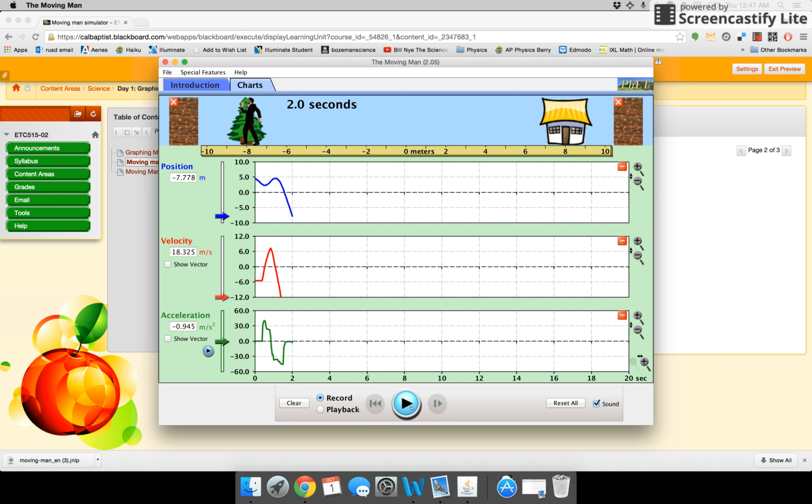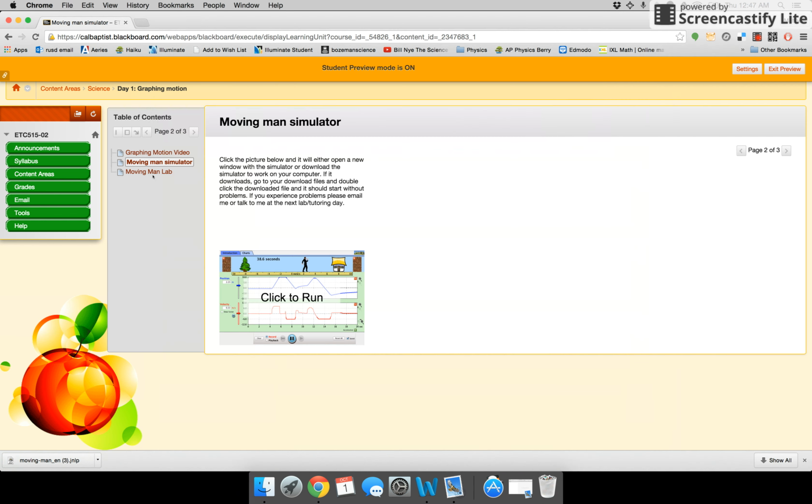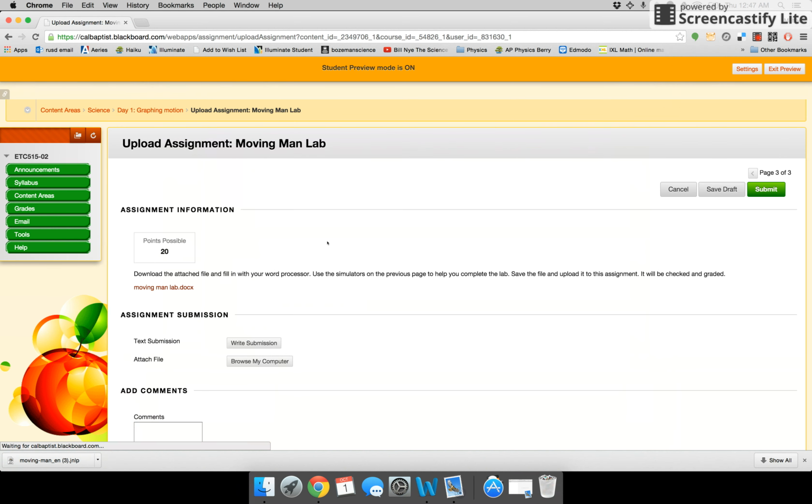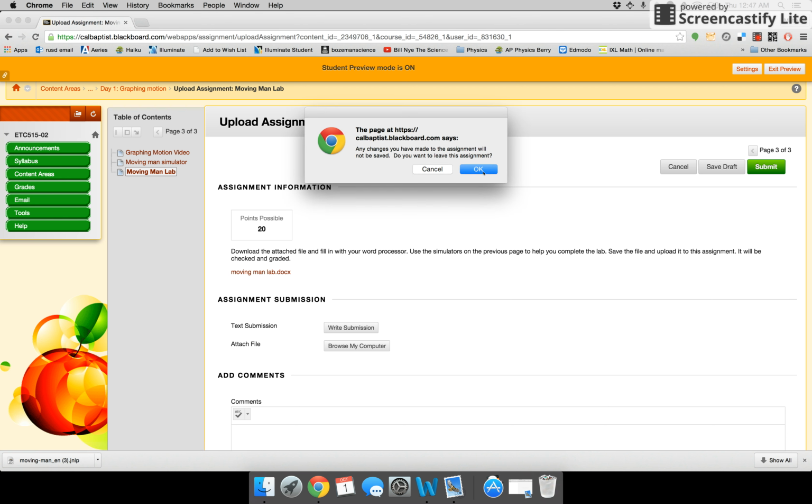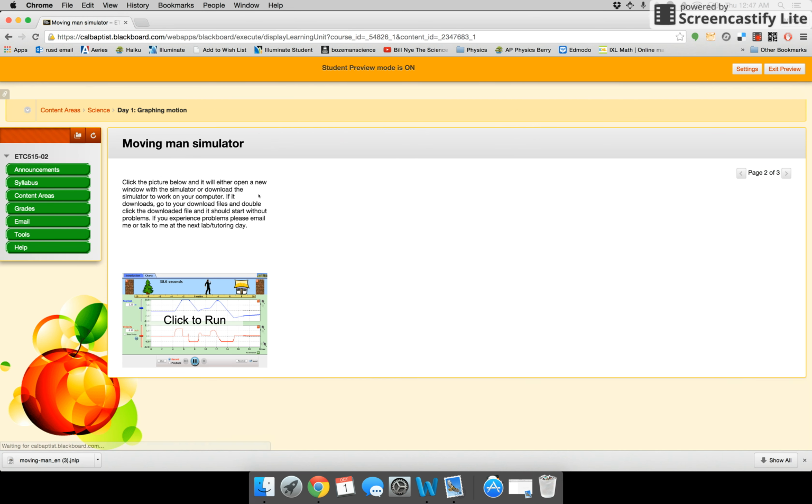So each day my students have a simulator that goes with the lesson, and then they have a lab that goes with the simulator. This would be a lab where they download it, and then they would interact on the word processor to answer the lab questions using the simulation.